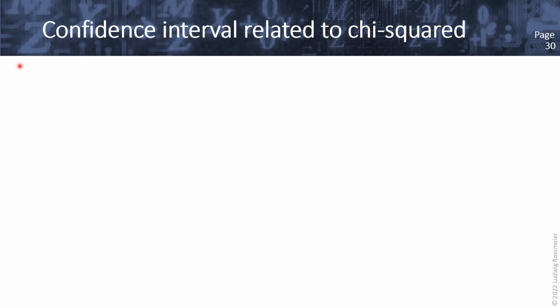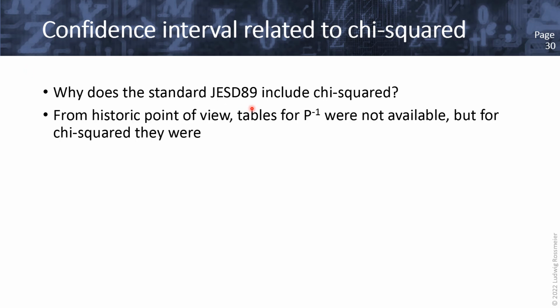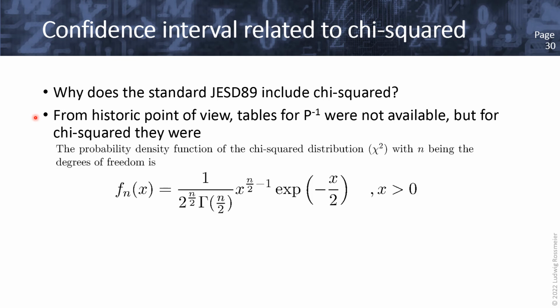The standard JEDEC used the confidence interval related to a chi-squared distribution. Why does this standard JESD89 include the chi-squared? From a historic point of view, the tables for the inverse function of P were not available, but for chi-squared they were available.